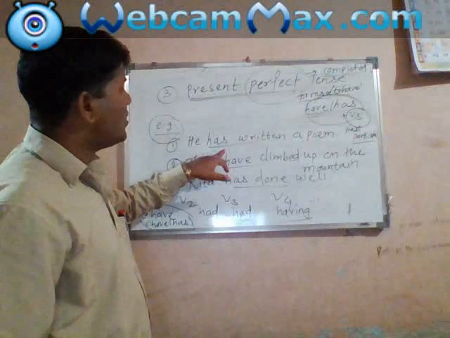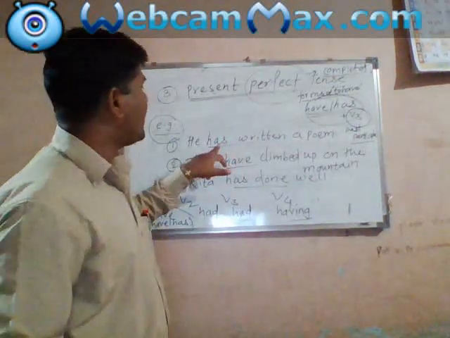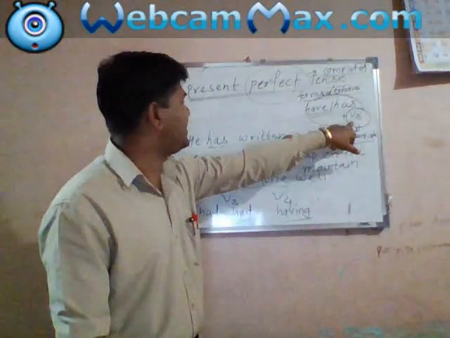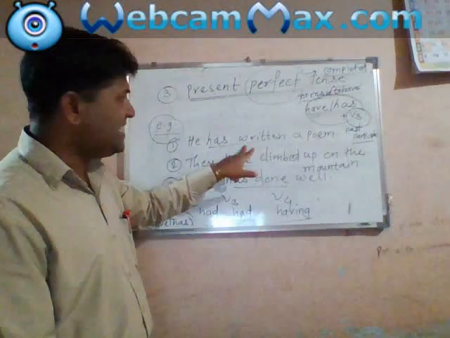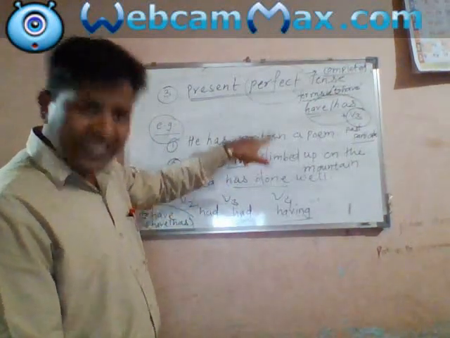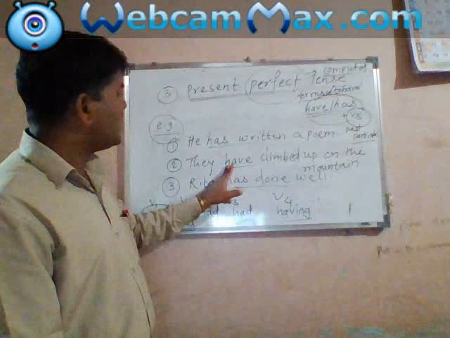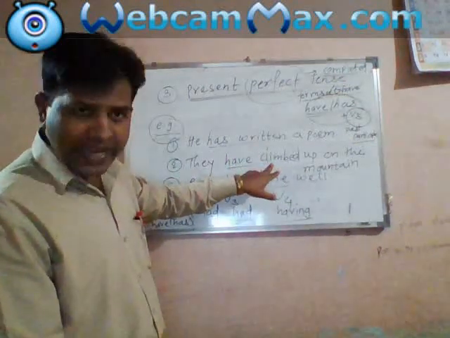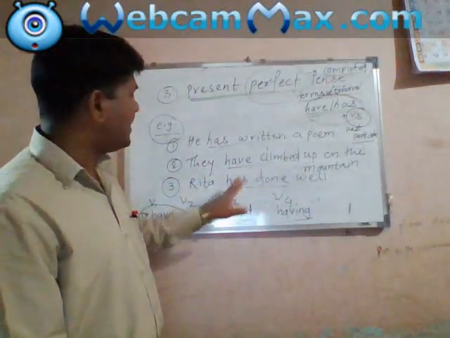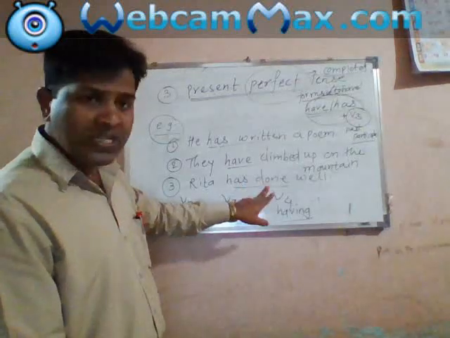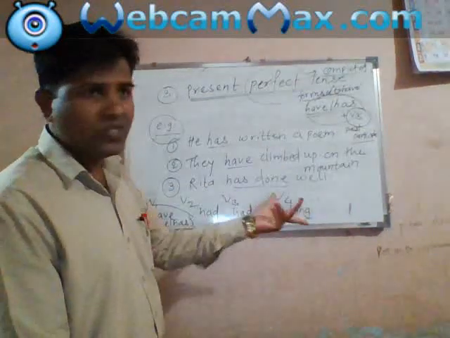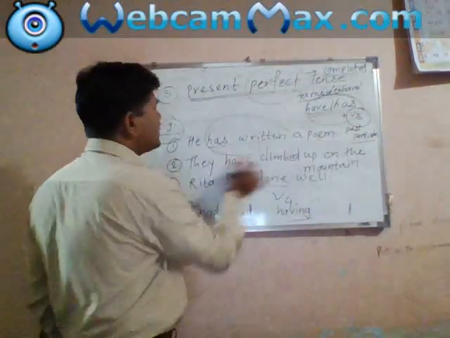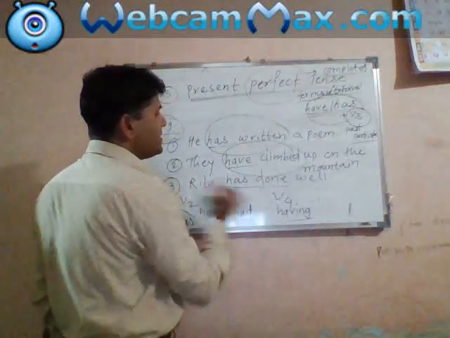These are forms of to have plus V3. Because we know write, wrote, written; climb, climbed, climbed; and do, does, did, done. So it is the structure of the present perfect tense.